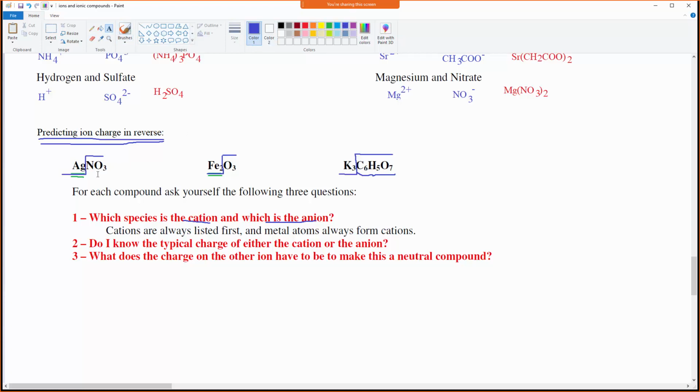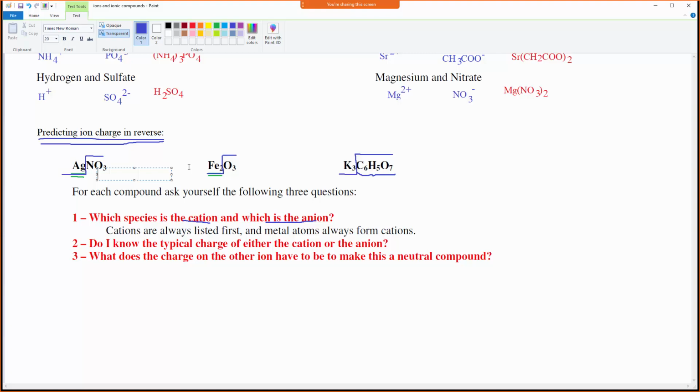It's the nitrate polyatomic ion. Excellent, Sarah. And it has a charge of -1. Good. Perfect.